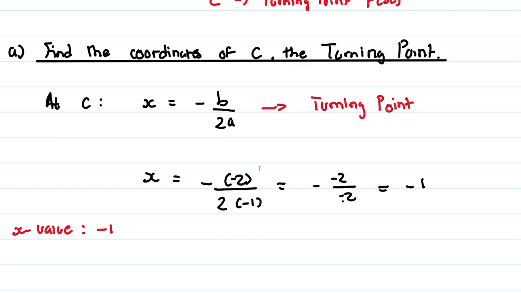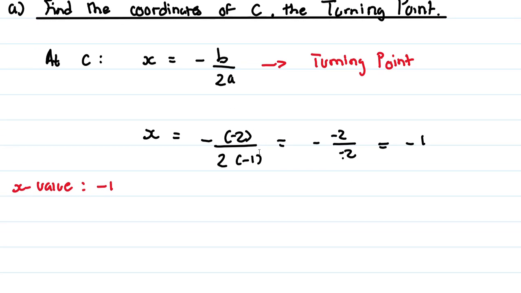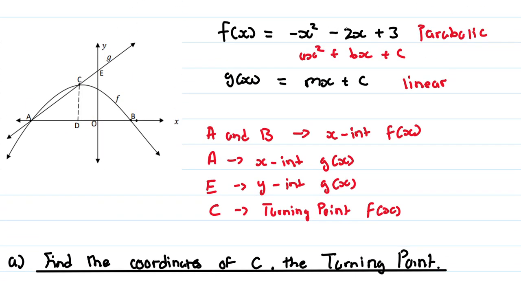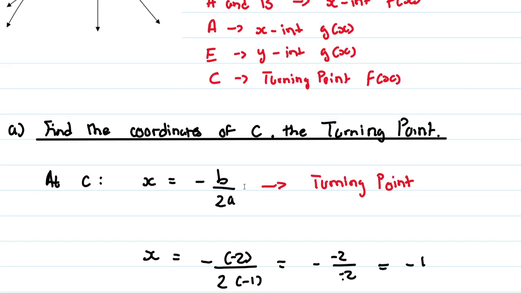Now we have to find the y value. How are we going to find the y value? To find the y value, we can always go back to the equation. Let me write it down again somewhere here. The function is f of x is equal to negative x squared minus 2x plus 3.